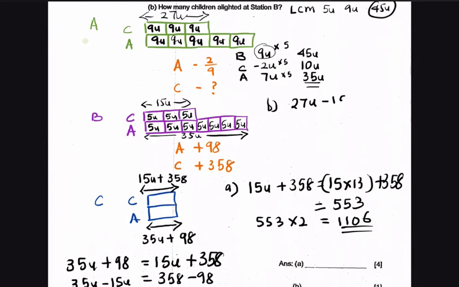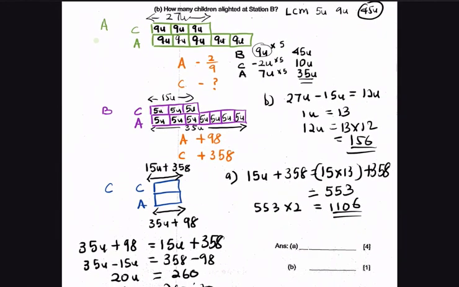So what is the difference here? Alright, 27 minus 15, we get 12 units. Again, we know 1 unit is equal to 13. 12 units will be 13 times 12. You get 156. So there you go, you got the answer for part A and part B using model drawing.